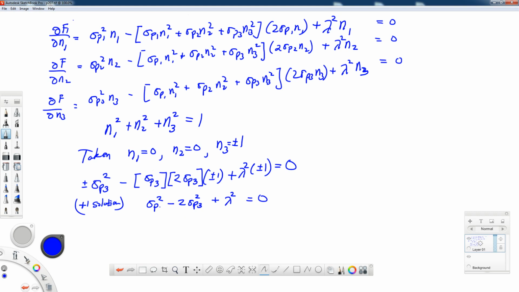So if we combine these terms, we're going to have lambda squared equal to sigma p3 squared. If we take the square root of both sides, we have plus or minus sigma p3. The sign isn't that important right now. We're going to use the solution lambda equal to sigma p3.